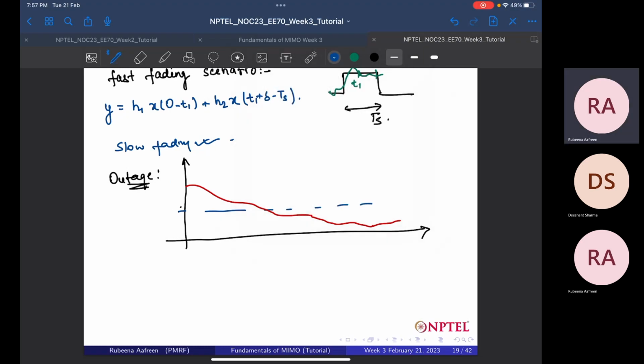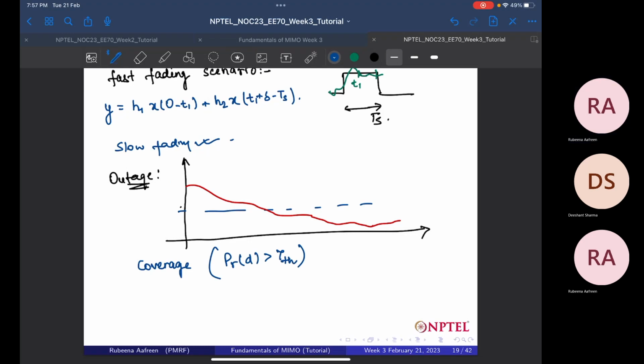So in this case, coverage will be affected. So coverage is defined as the power should be greater than this threshold gamma th.